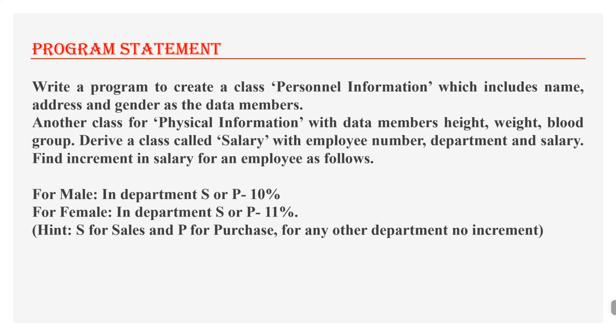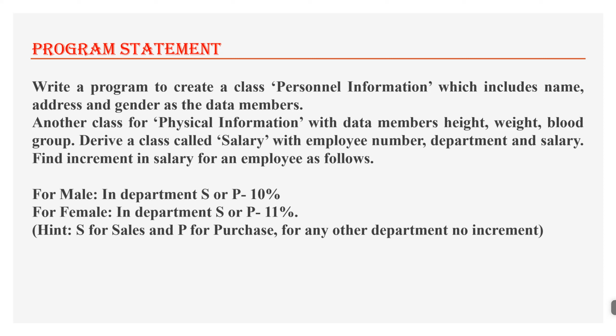For example, the problem given here is to develop a program wherein there are two base classes. One is called personal information, with the data members name, address, and gender, and one more class called physical information, wherein data members include height, weight, and blood group.